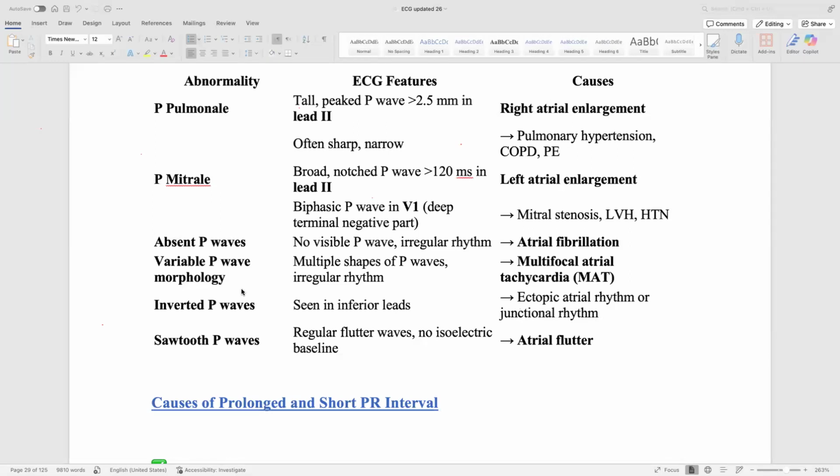For every beat, there might be a different node. It is not the SA node only. There are many SA nodes producing different types, shapes, amplitudes, and broadness of the P waves.